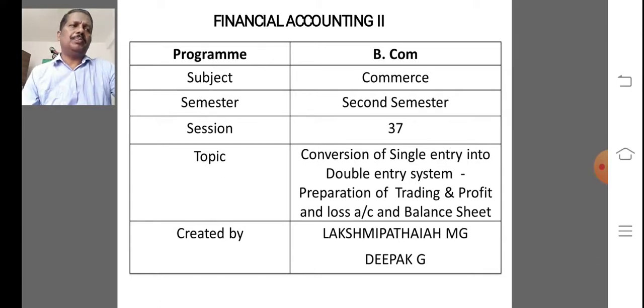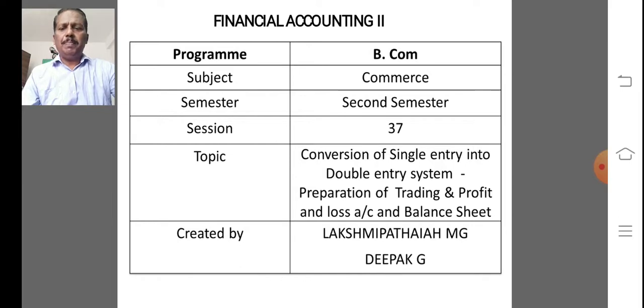Before we solve the problem, first we know the introduction and objectives and some steps in conversion of single entry system into double entry system. Books maintained under single entry system may be converted into double entry system.